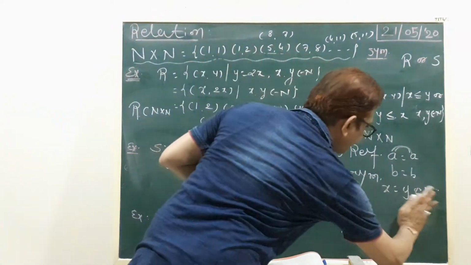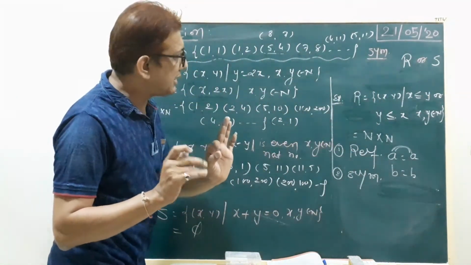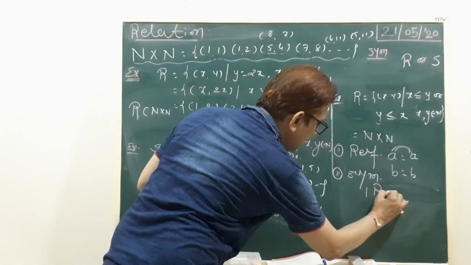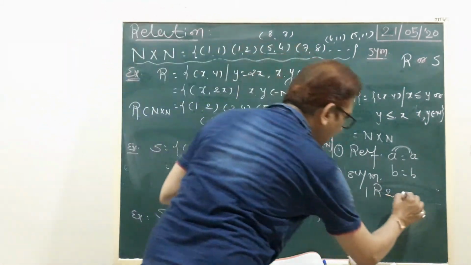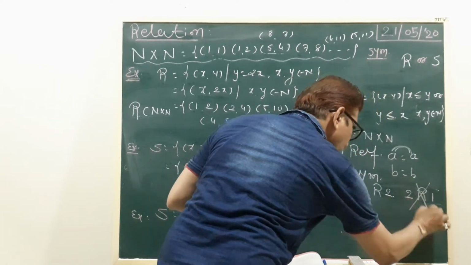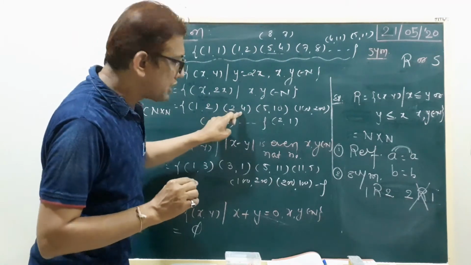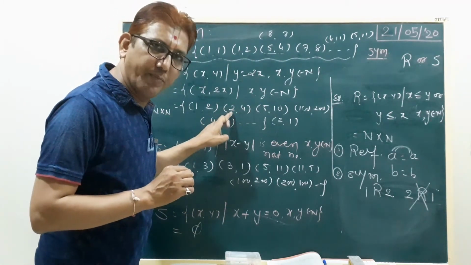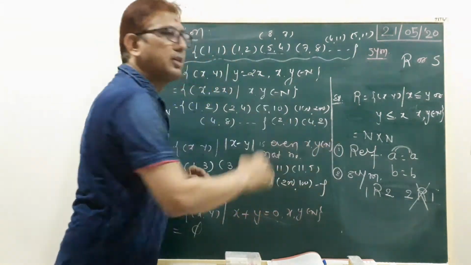So in this question 1 2 is possible, but 2 1 is not possible. That means the symmetric property fails: 1 related to 2 is possible, but 2 related to 1 is not possible. Another, 2 4 is possible because 4 is twice the first number 2, but 4 2 is not possible.